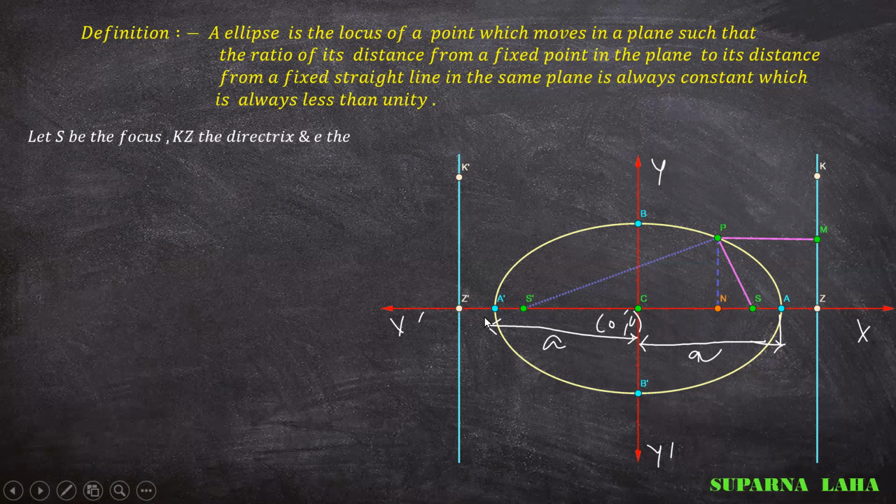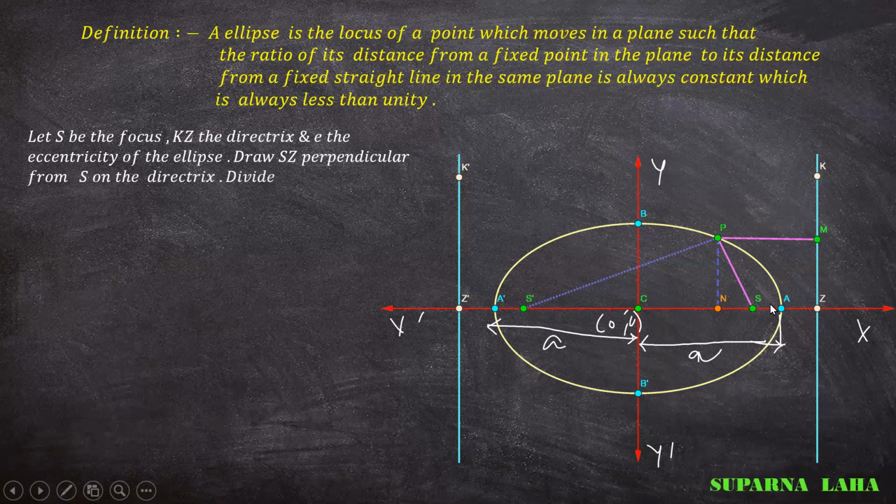Now notice that A and A dash are also points on the ellipse, so they will follow the definition of the ellipse. So the ratio of the distance from the focus and the distance from the fixed line is always constant, which is equal to e.